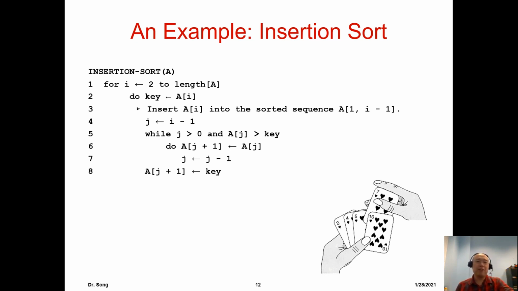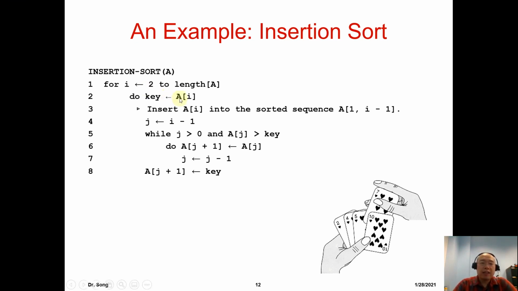And then we are expanding the sorted portion. So we started from only one value, which is sorted, and then we set i to be 2. For i as 2, our goal is to have the first 2 values be sorted. Okay? And how do we do that?